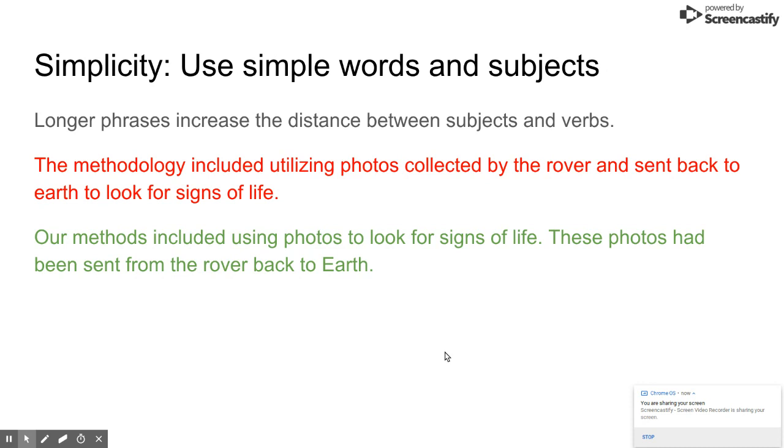The better version of this is our methods, including using photos to look for signs of life. These photos had been sent back to Earth, or had been sent from the rover back to Earth. Very easy. We could even have changed the second paragraph better and write the rover sent these photos back to Earth. But here we had already mentioned the photos, so I started the sentence with the photos to keep it unified.